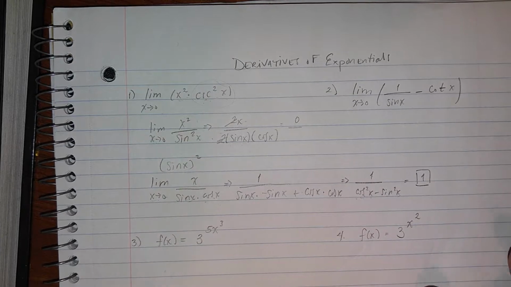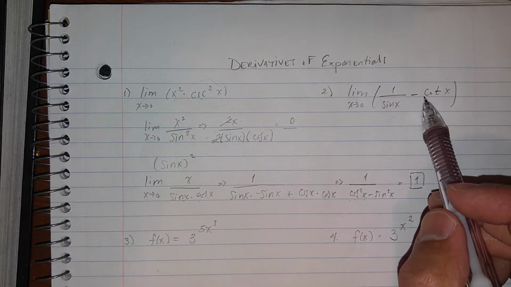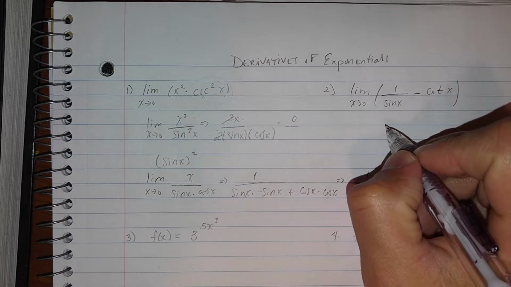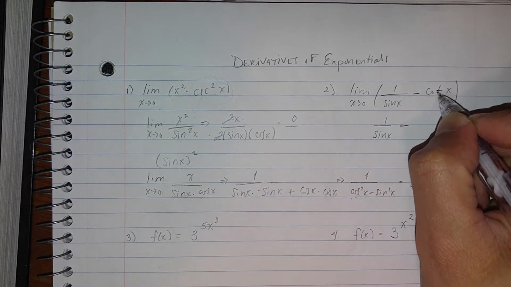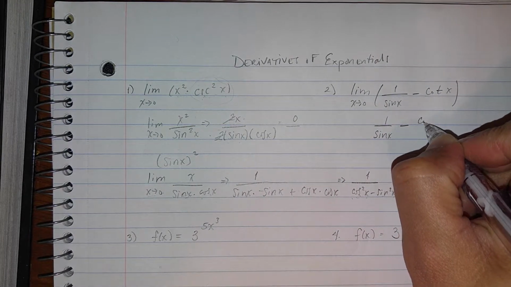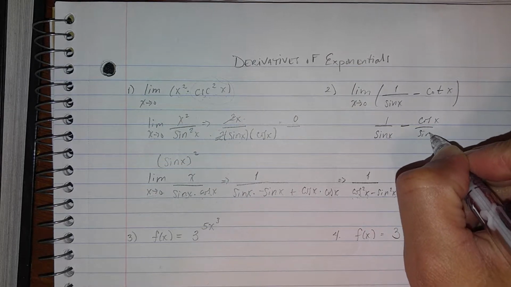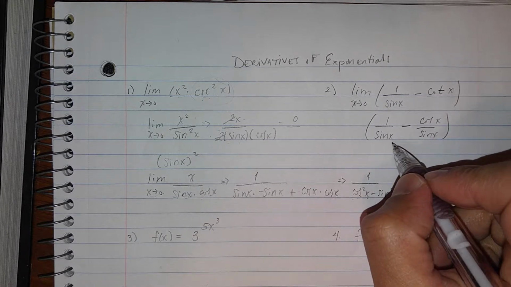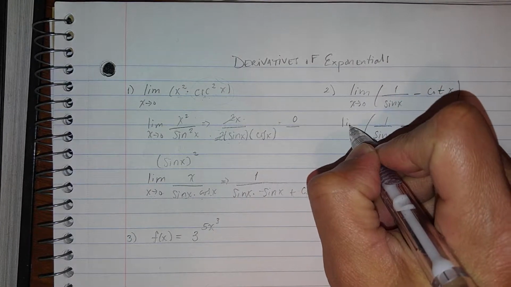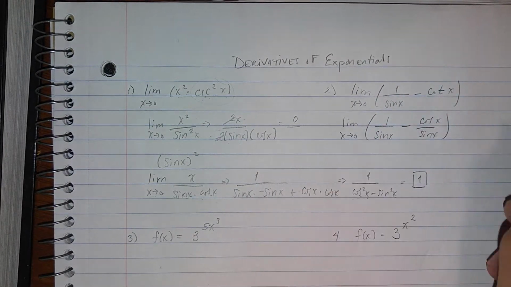Over here, we get the same thing. We have to rewrite cotangent. So I'm going to have 1 over sine of x minus cotangent, which is cosine over sine. So now that we have that, we can put this together as 1. So we have the limit as x approaches 0 of this.